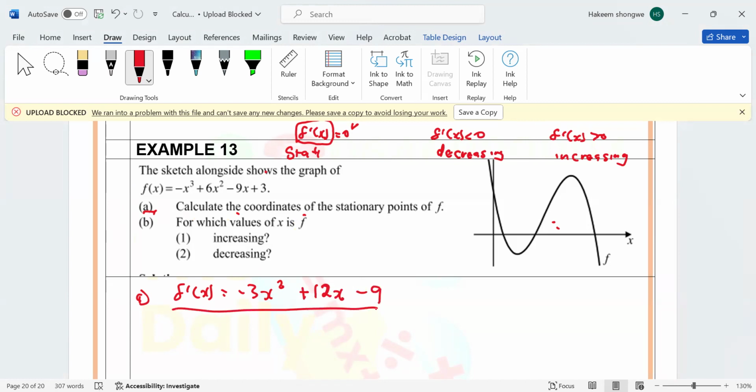What kind of function is this? The derivative of a cubic function is a parabolic function. Now we know how to solve it if we put 0 here: we get what we call the x-intercept.